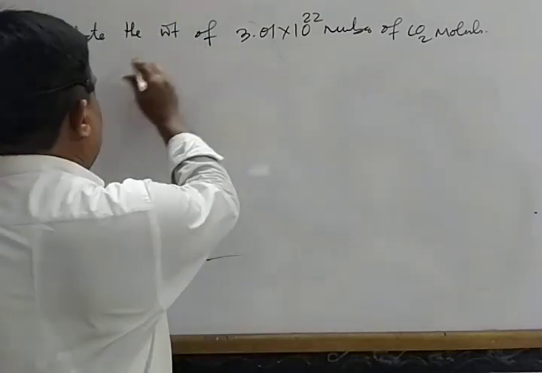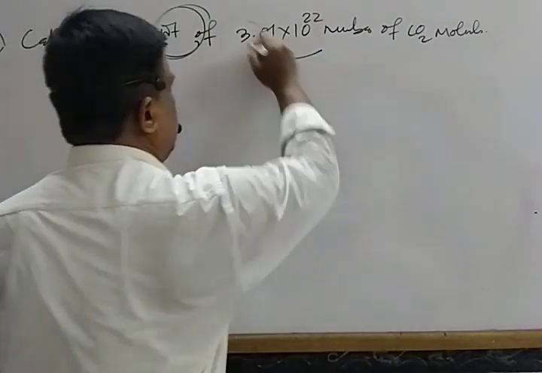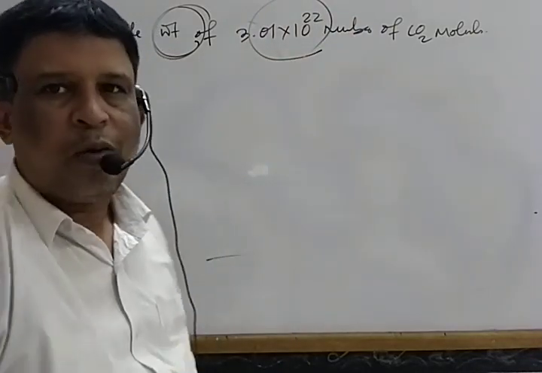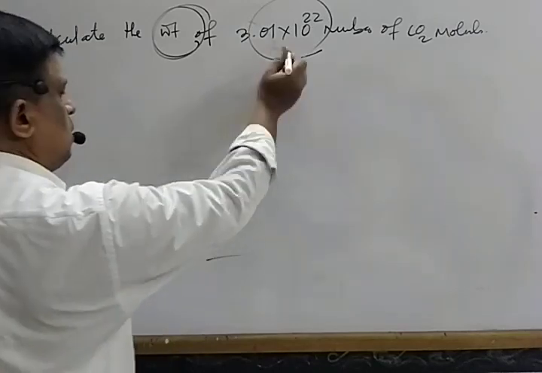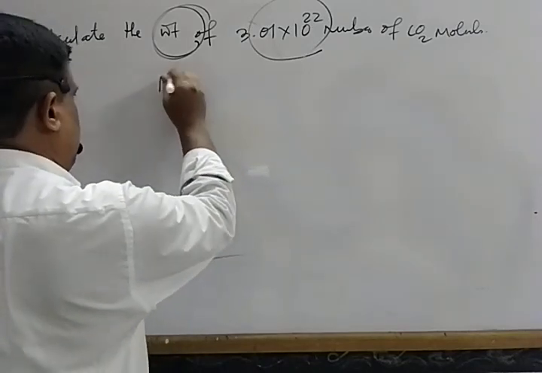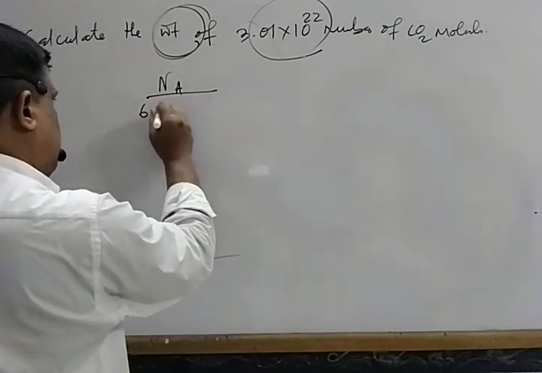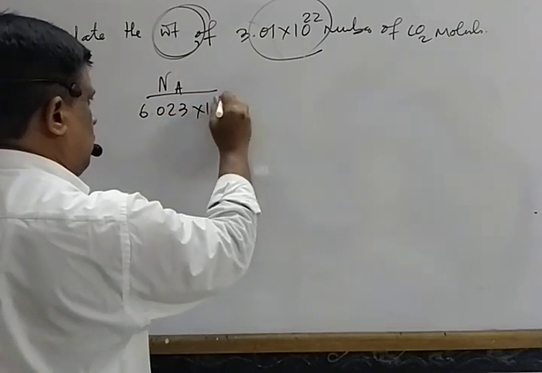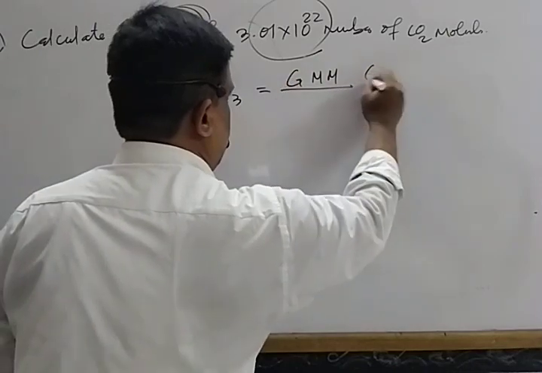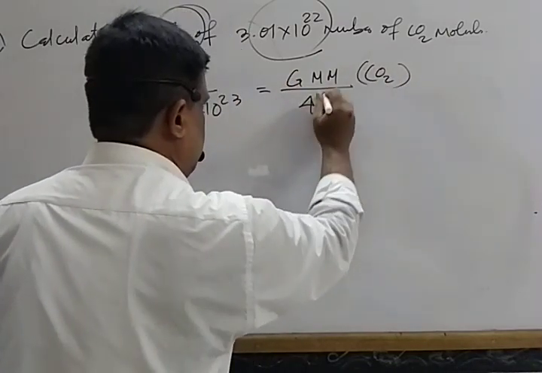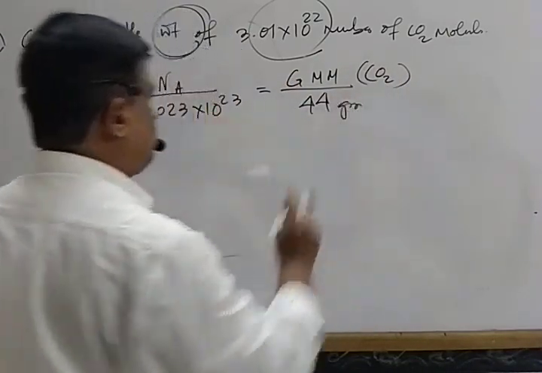Question is calculate the weight and the number. So deduce the relationship. That means number is the Avogadro number 6.023 into 10 to the power 23, and weight is GMM, gram molecular mass of CO2, that is equal to 44 gram.